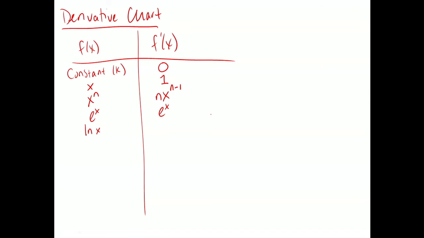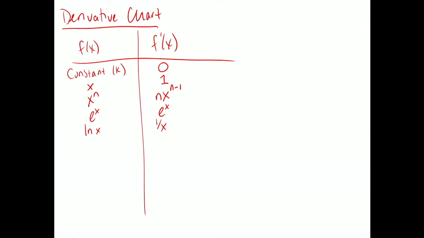Okay, the derivative of ln of x turns out to be 1 over x. So I'll sort of draw it that way, right? So 1 divided by x, or 1 over x, or x to the negative 1 if you'd like. Okay, so there's those guys. So if we want to know the derivative of ln of x or e to the x, there's our answers right there. All right, and then who else is missing?